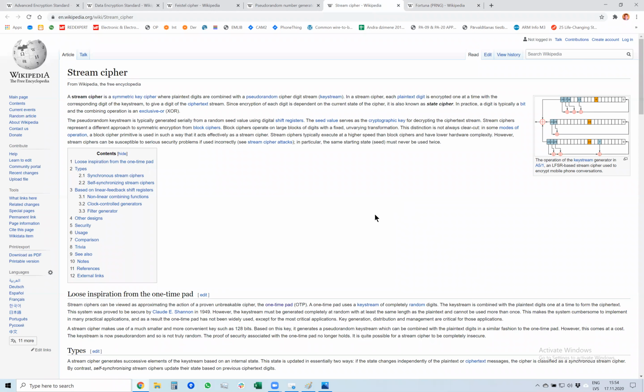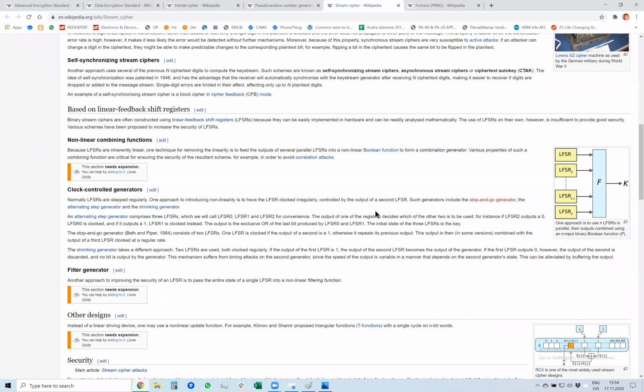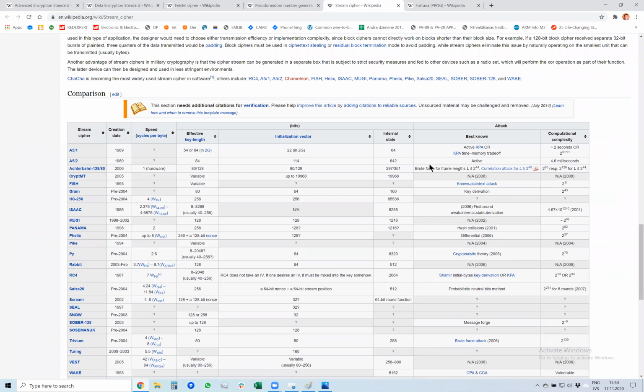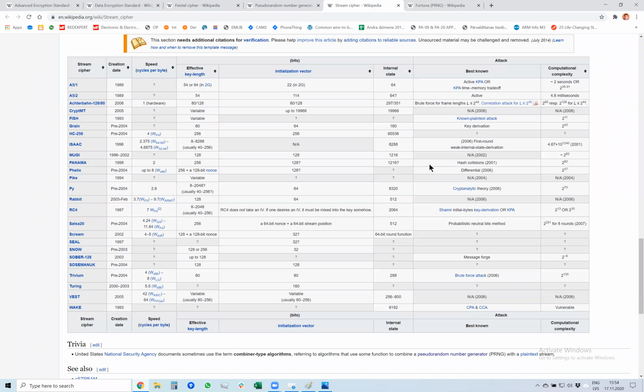Okay, here's the stream cipher and some good examples. Oh, here are some, fish. I think Salsa20 was popular, and RC4 and some others.